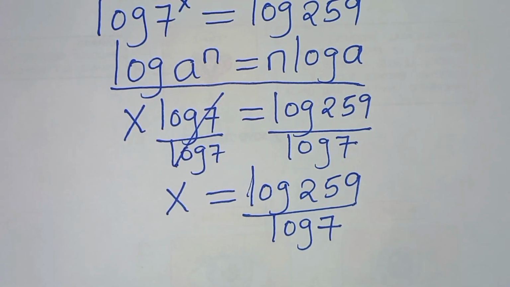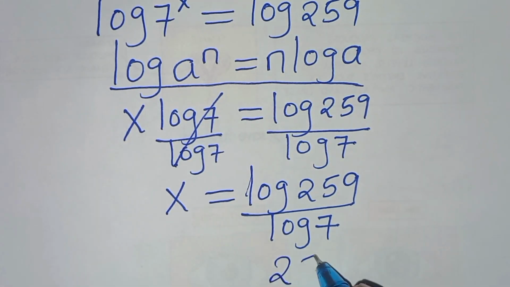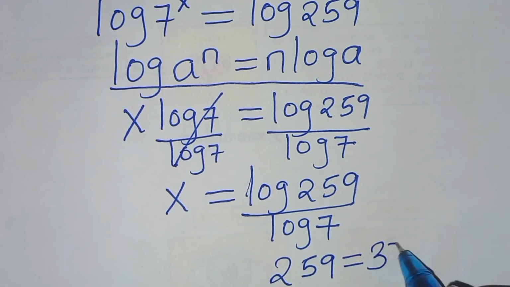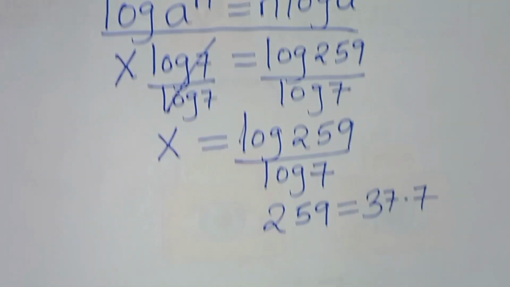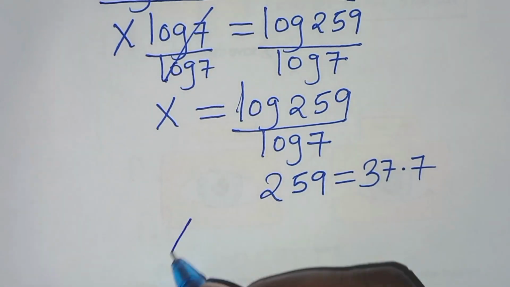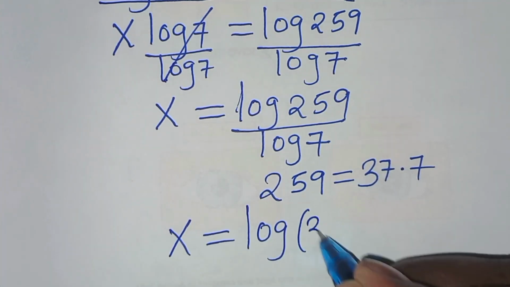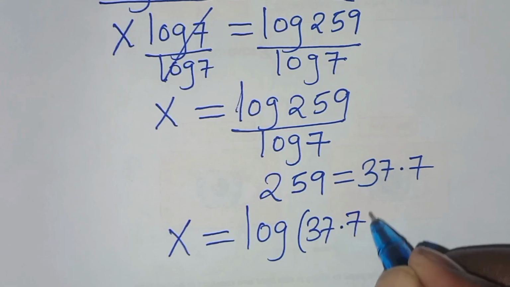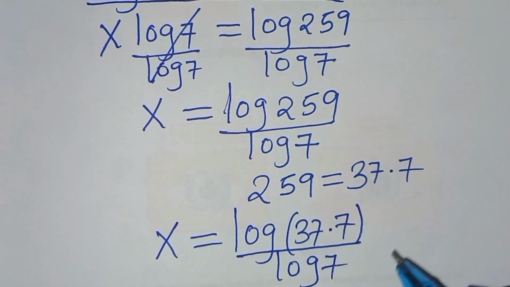The next step from here, we can express 259 as 37 multiplied by 7. So we find that x is equal to log of 37 multiplied by 7, all divided by log 7.